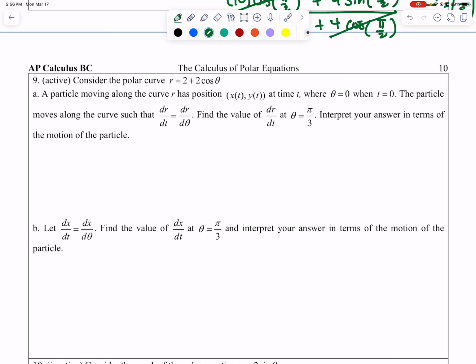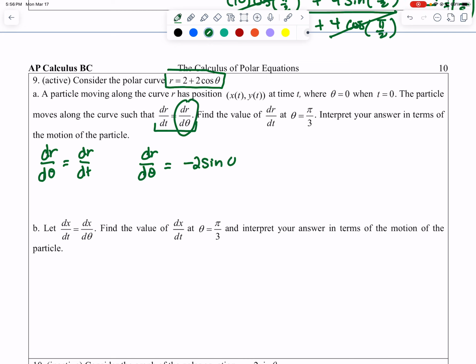One lovely thing about this is that dr/dt is the same thing as dr/d theta. So honestly, I can find out what dr/d theta is because I have r with respect to theta right here. So dr/d theta, being equal to dr/dt, is -2 sine theta.